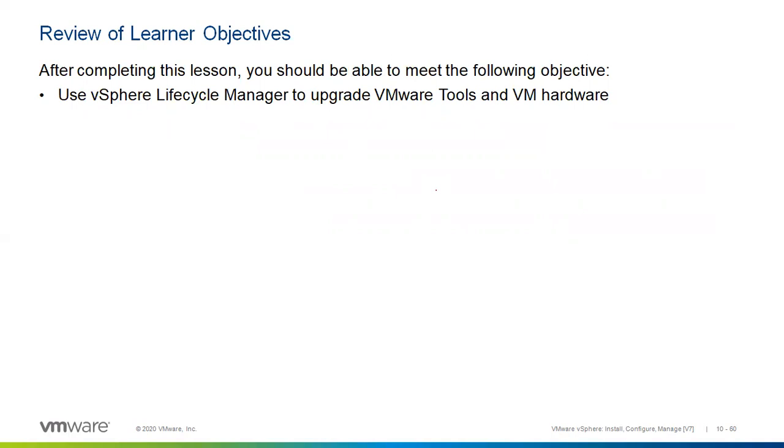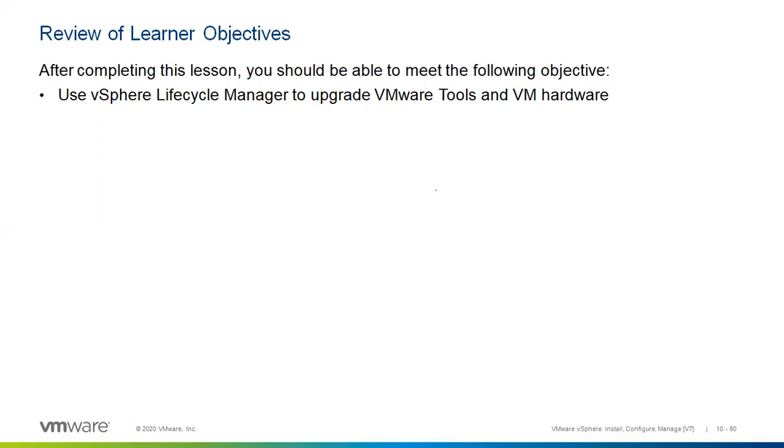The answer is no. vSphere Lifecycle Manager can upgrade your ESXi version from 6.7 to the next version, but it cannot upgrade your Windows or Linux operating system. It will not do anything with what is inside the VM. It will never touch your guest operating system.